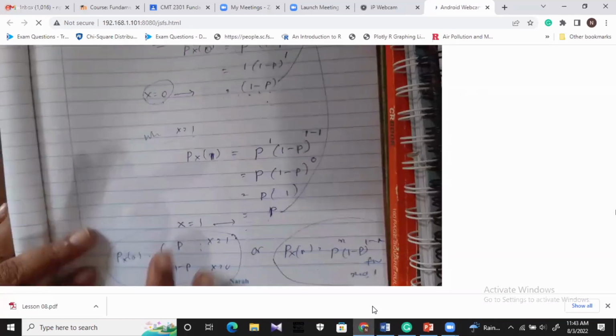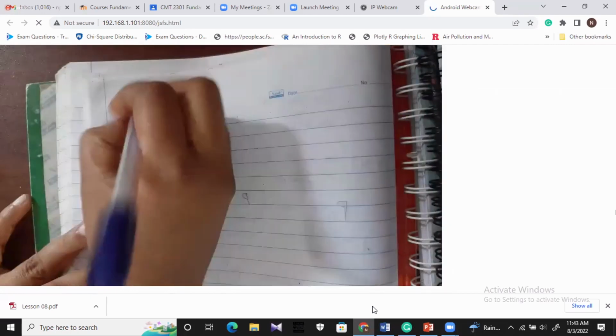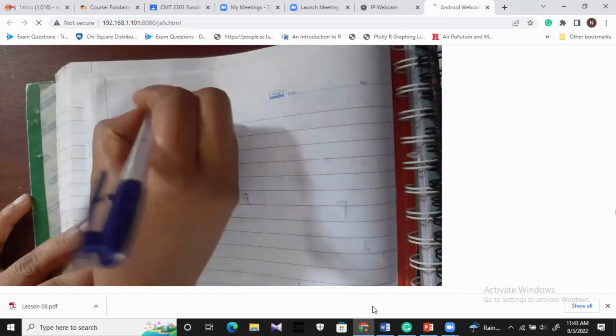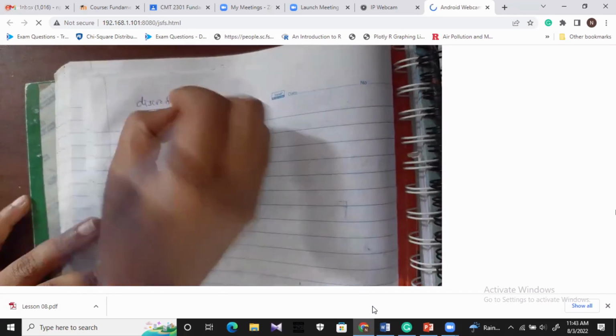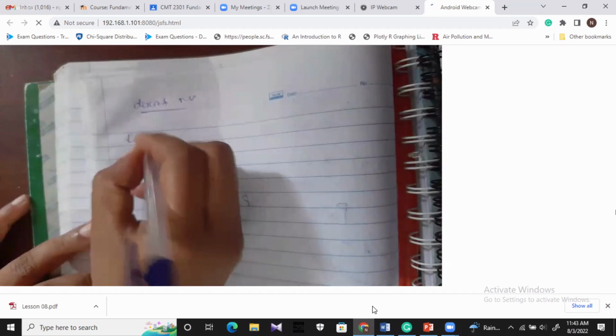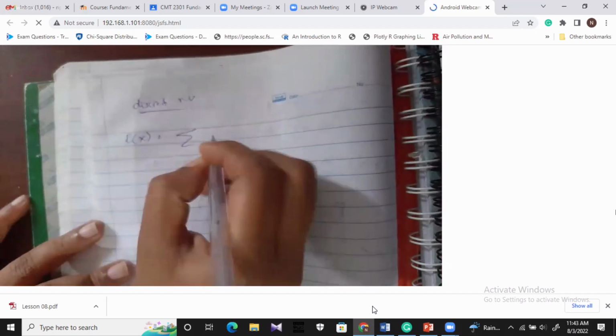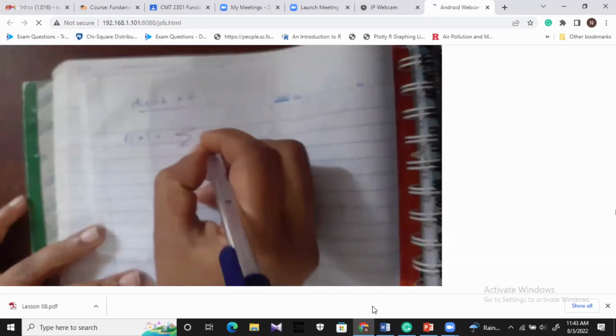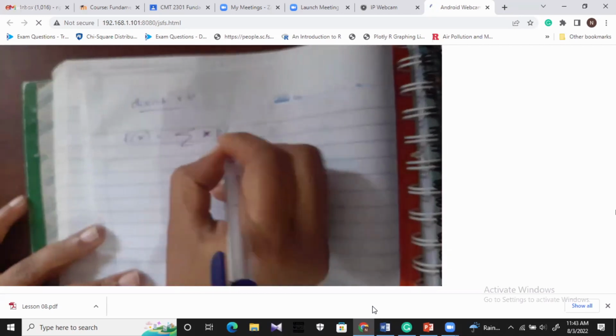So this is the formula. Actually, we had two different formulas for discrete random variables and continuous random variables. If it is a discrete random variable, then the expected value of x is equal to the sum of x times p(x) for all x.